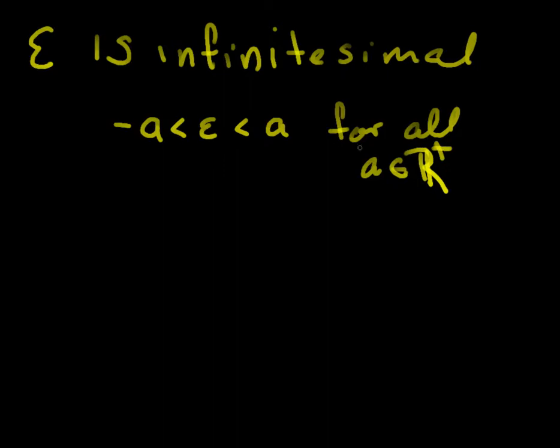And we're not going to count 0 in there. So the question is, can you tell me any numbers that are smaller than everybody and bigger than every negative number? Hopefully the example that you can think of is that 0 itself is an infinitesimal.